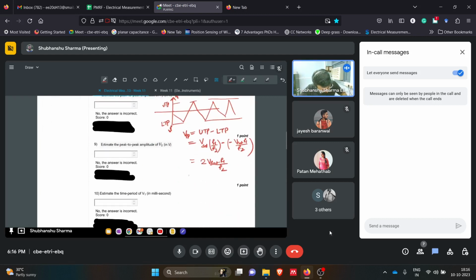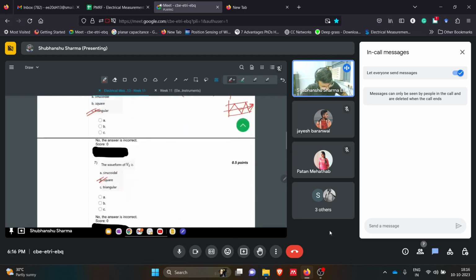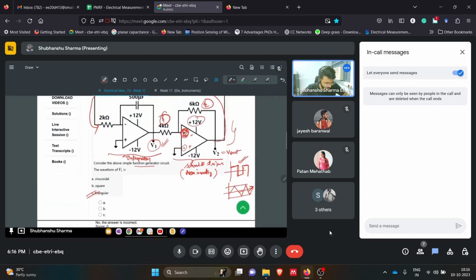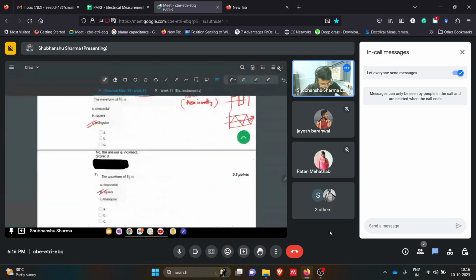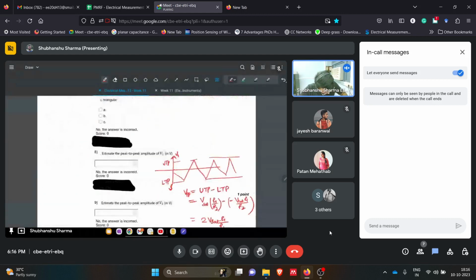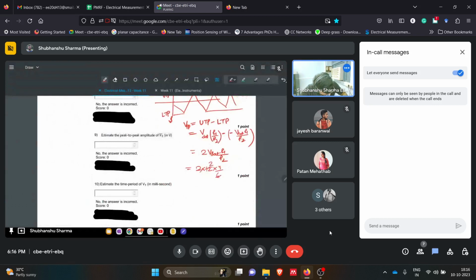It will be 2 into V saturation, we have this 12 volts, 12 into R1 is 4 and R2 is 6. It is 16. So peak to peak is 16 volts for this. Then, so this is done, this is easy.